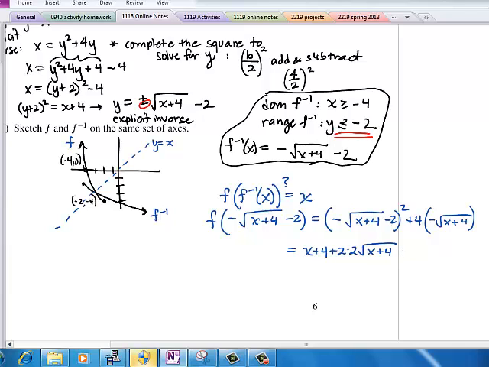And then I would have plus the square of that negative 2, so plus 4. And then I would distribute this 4, so minus 4 times the square root of x plus 4. And it looks like we're close. Somewhere I have a negative sign wrong.